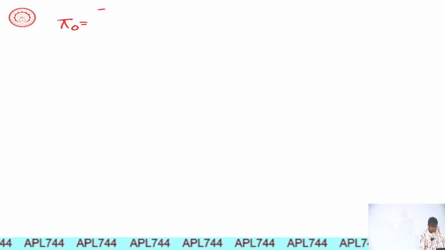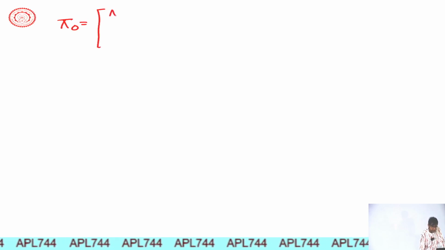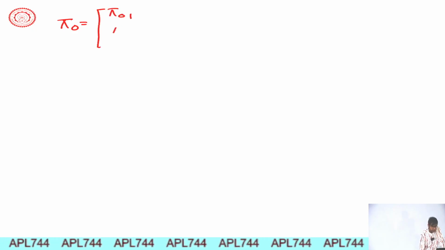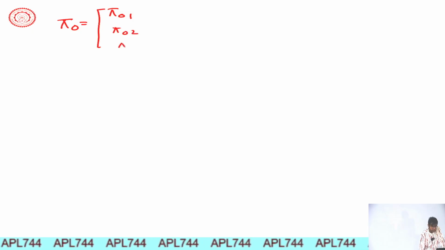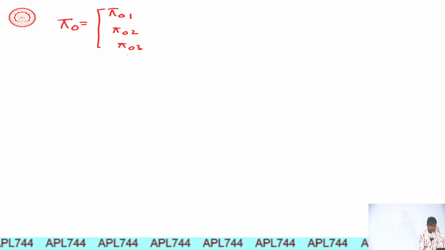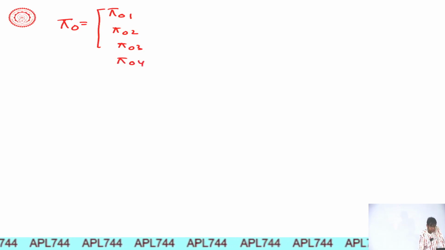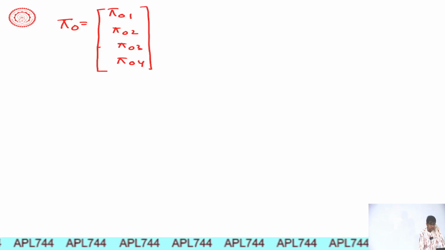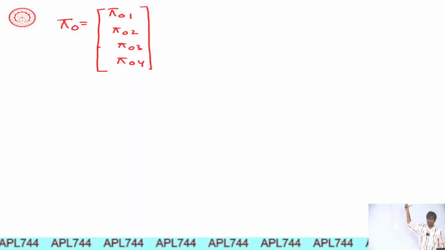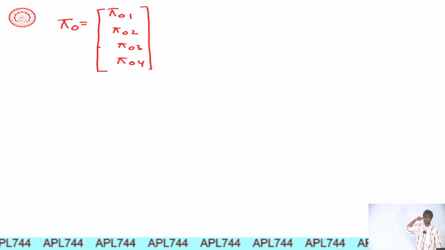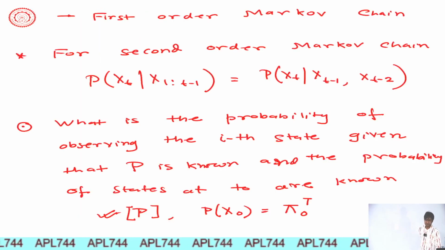Let us write it down, where pi 0 is equal to pi 0 1, pi 0 2, pi 0 3, pi 0 4. Now someone explain to me what is pi 0 1.